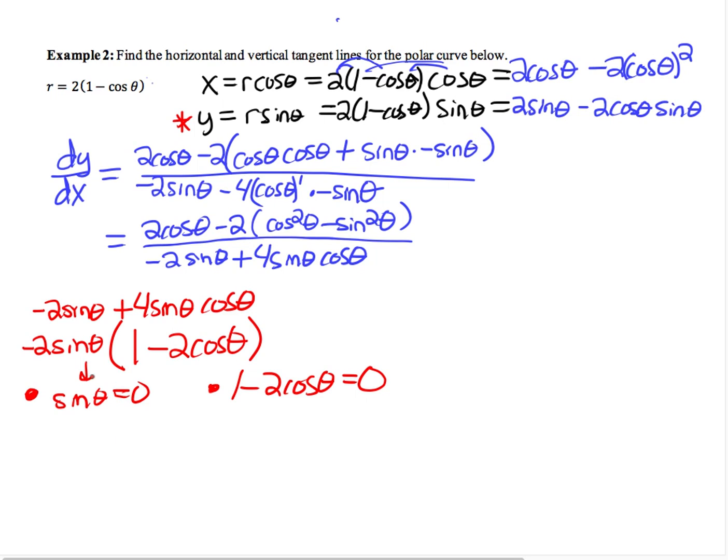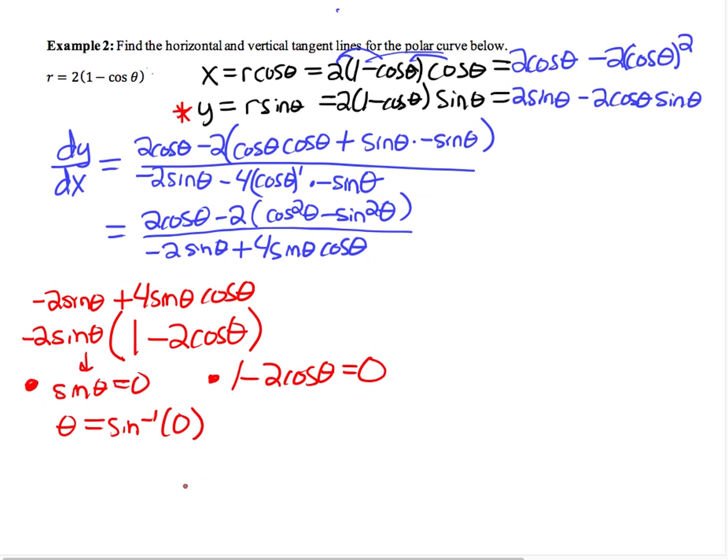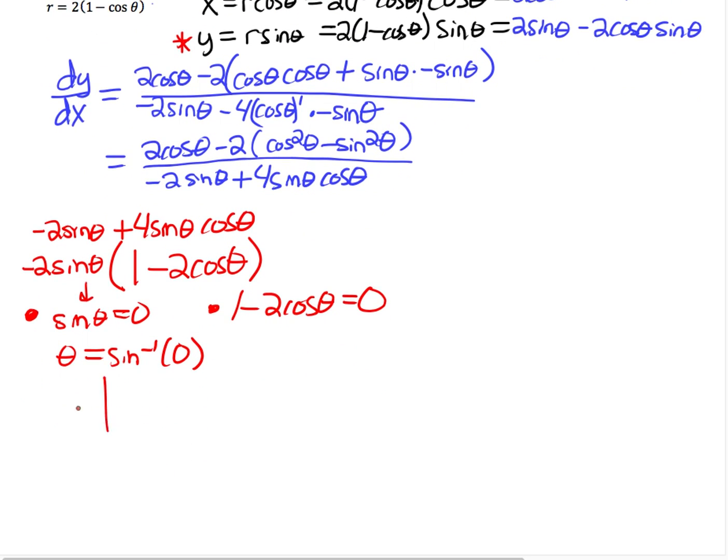Of course, that minus 2 really doesn't matter for this one. So I'm going to get theta equals the inverse sine of 0, which is going to be, let's draw that. Where is sine 0? That's going to be here and here. So I get theta equals things like 0, pi, 2 pi, etc. Alrighty. So now let's do the other one.